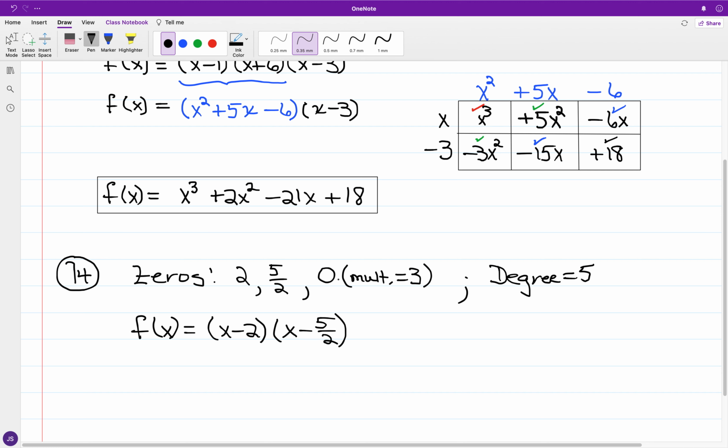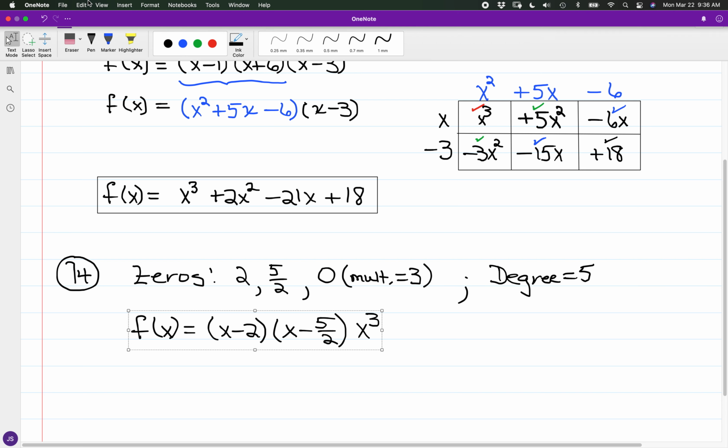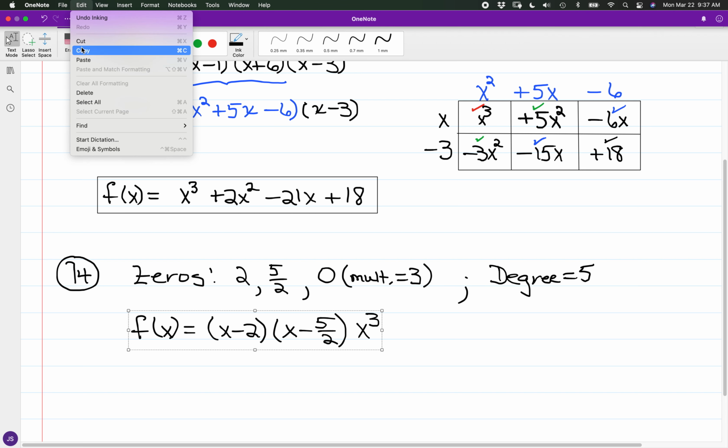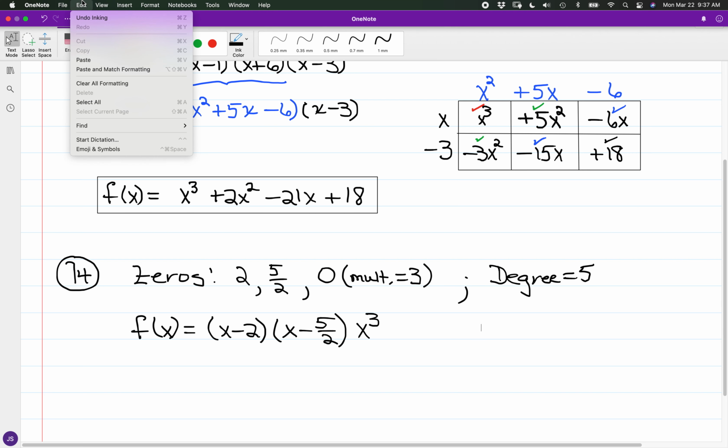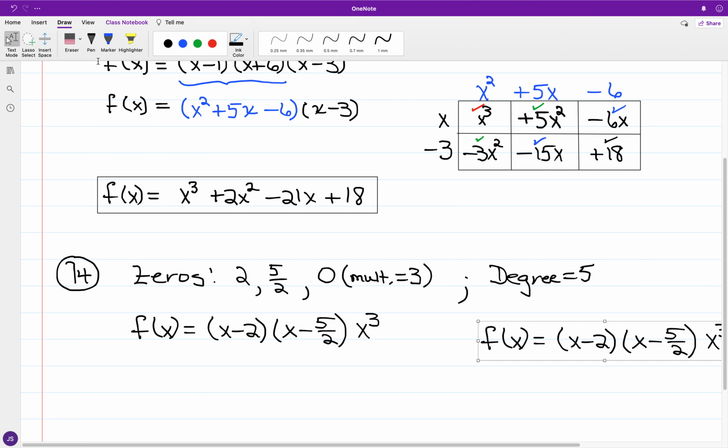And for 0, we start out with x, and since 0 has a multiplicity of 3, we're going to have x to the third. Once again, I'm going to copy this because there are various ways you can go about this, and you can have an expanded polynomial with or without integer coefficients.